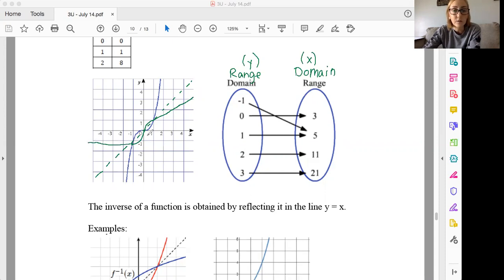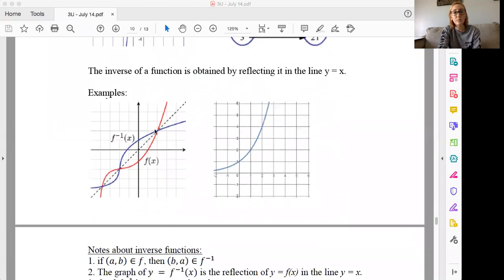So this is going to be our new function, the inverse function. This is our original one, and this is our new inverse function. We're going to talk about that a little bit more when it comes to the reflecting line. So I'm going to clear this.